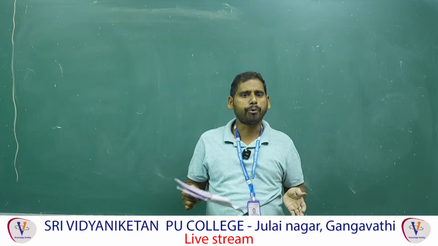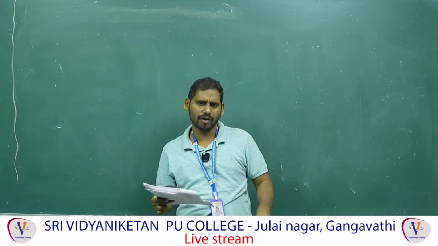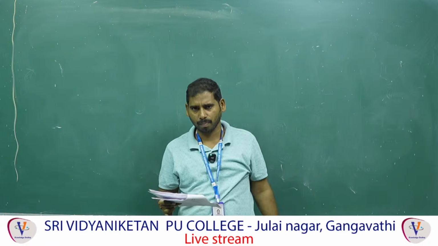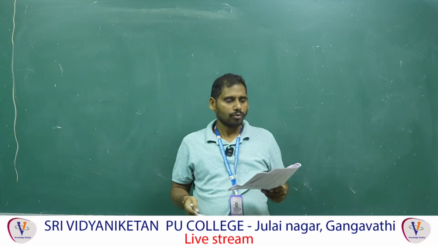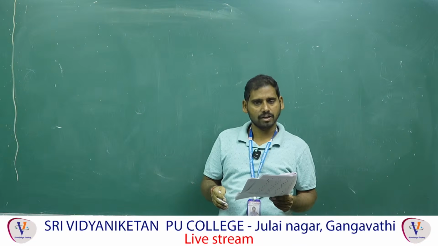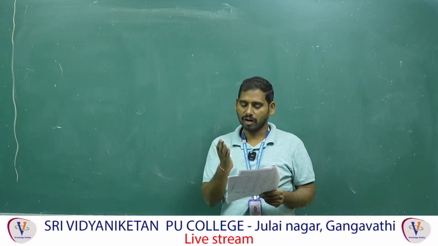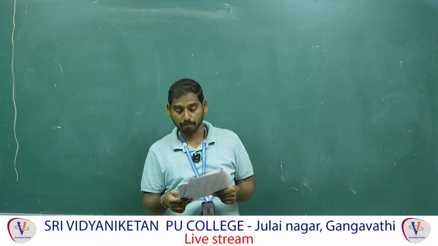Side X is 0.5, side Y is 0.01. Which is the lower concentration? 0.01 is the lower concentration. A semi-permeable membrane allows movement only from lower concentration to higher concentration, so physically it happens.